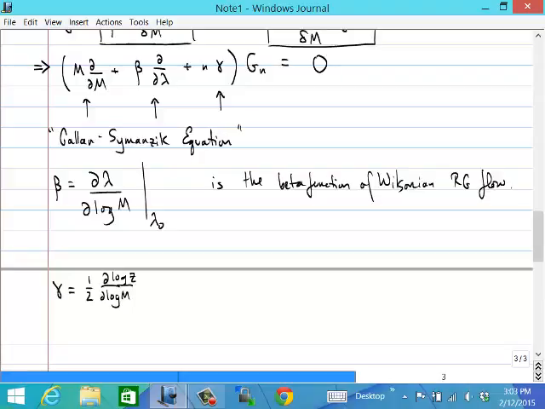So essentially, this parameter gamma is telling you how the wave function renormalization factor that you need to rescale your fields by varies as a function of the renormalization scale. And this is usually referred to as the anomalous dimension of our field phi.